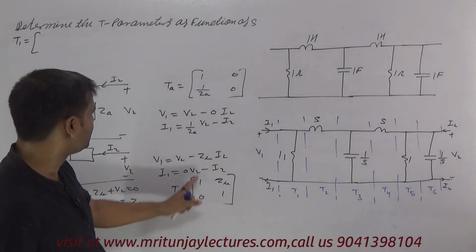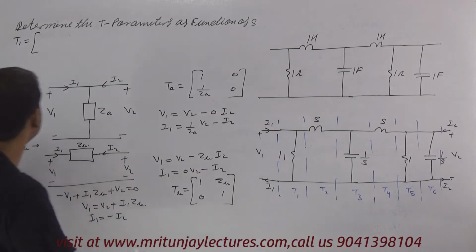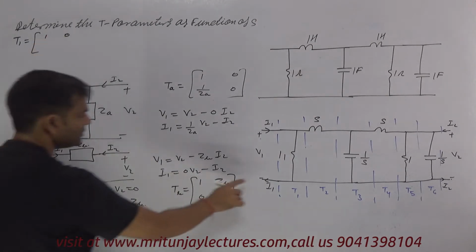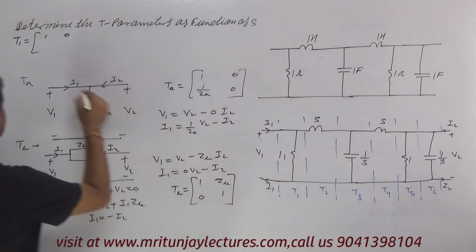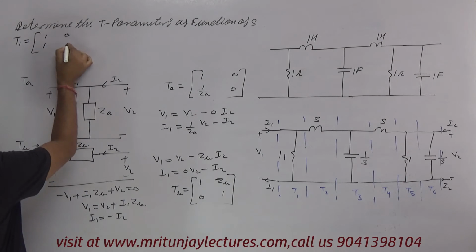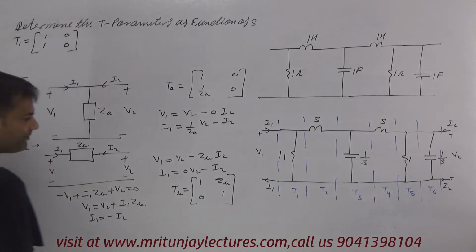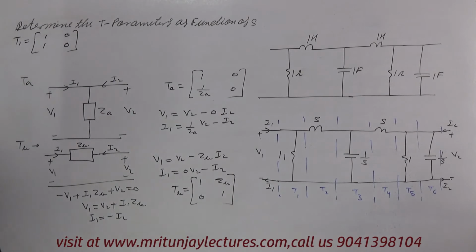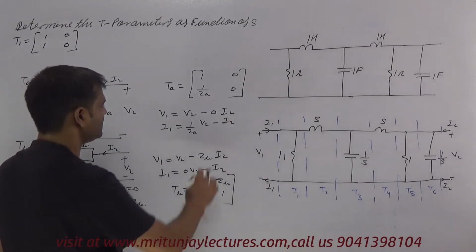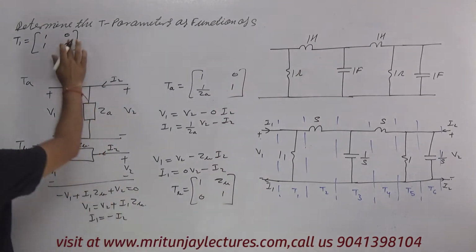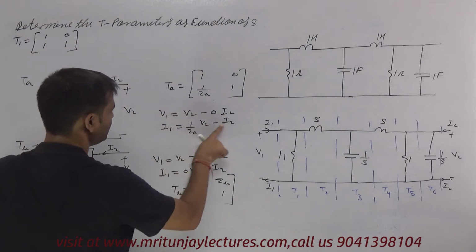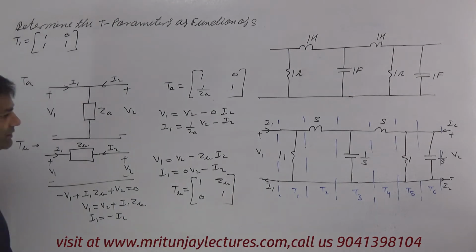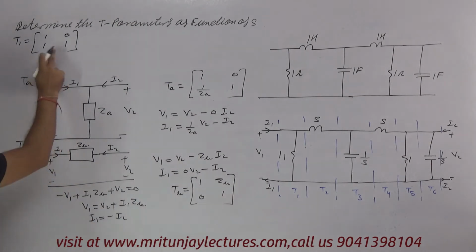So I know that 1 0, 1 0, and R is 1, so 1 by R is 1, so 1 again 0, that is T1. Clear or not? Sorry, here 1, here 1. Corresponding to this one, 1 by Z2 and minus V2. That's why T1 is 1 0 1 1.